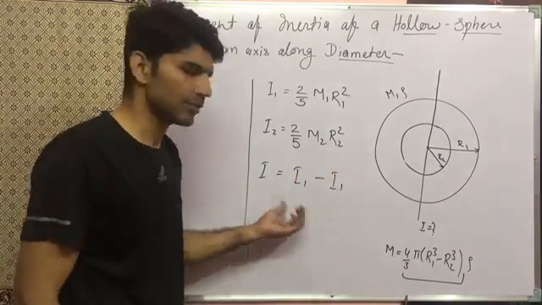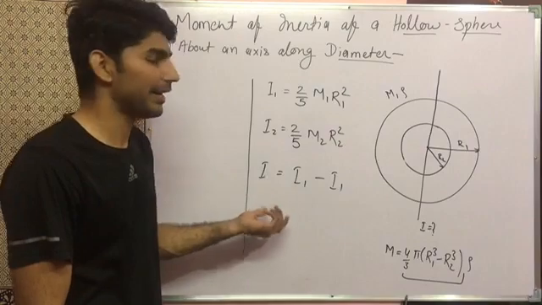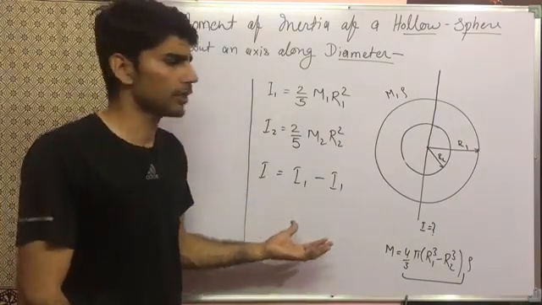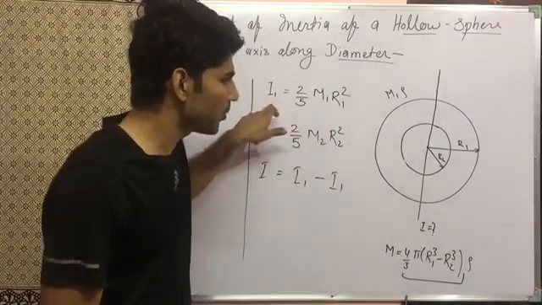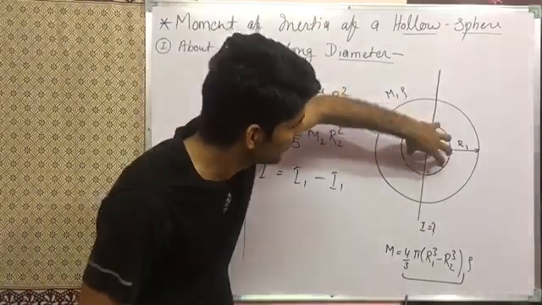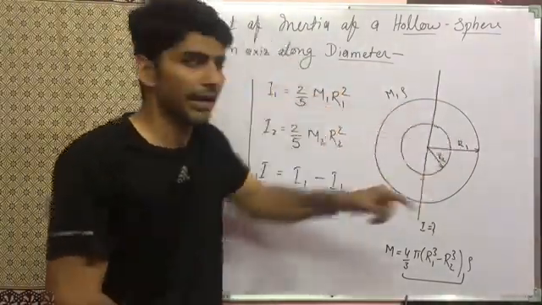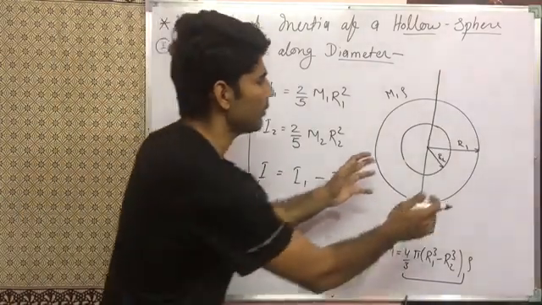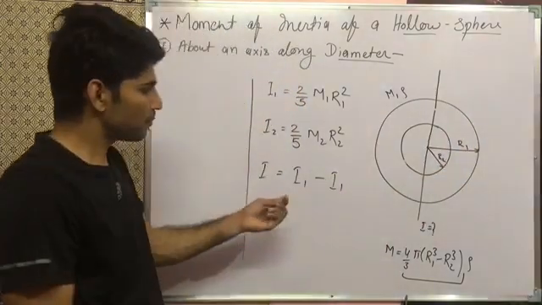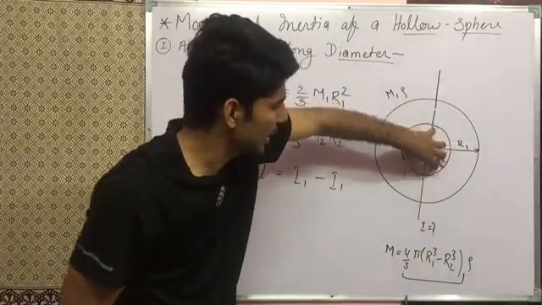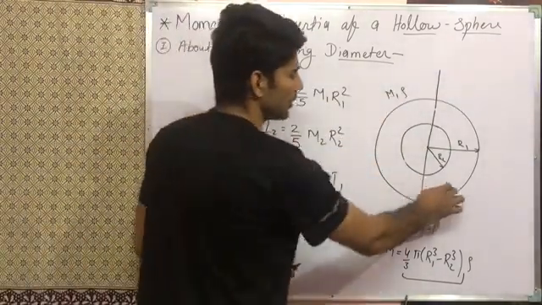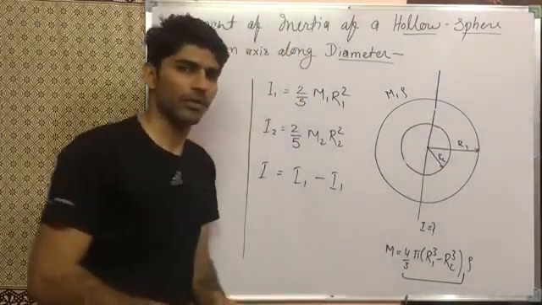As we discussed previously, we can add or subtract moments of inertia, but the axis should be the same. In the first case we took the moment of inertia for the complete sphere, and in the second case for the small sphere inside it. For the hollow sphere, we subtract the moment of inertia of the inner mass from that of the complete mass, and we get the moment of inertia for the mass between radii R1 and R2.